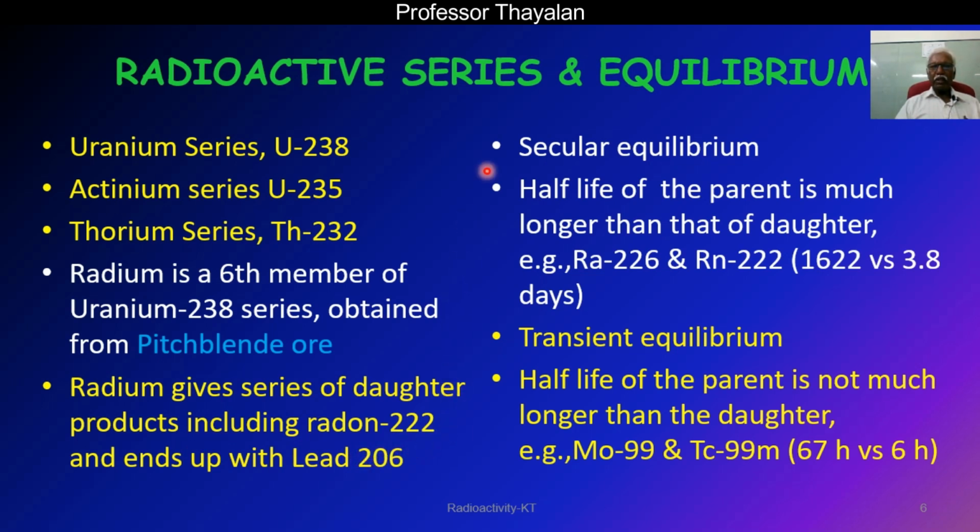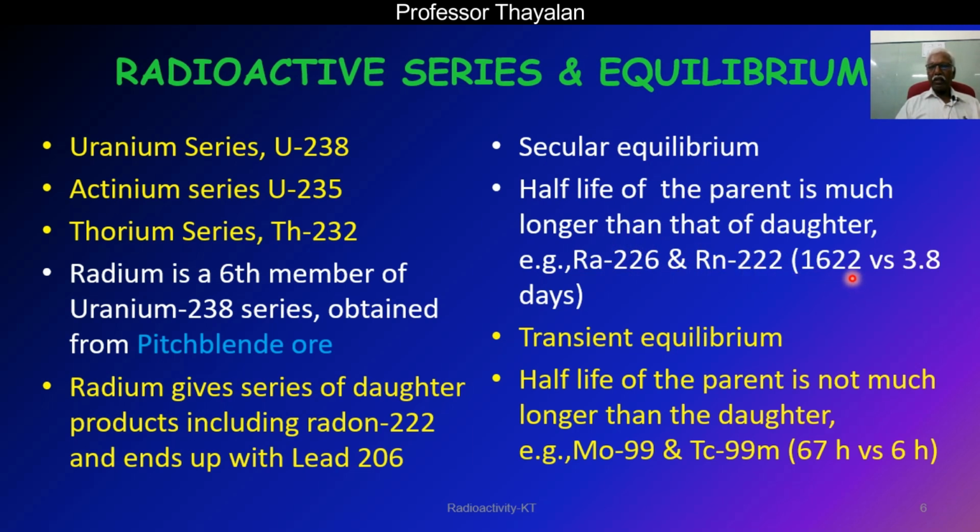There are two types of equilibrium present: secular equilibrium and transient equilibrium. What is secular equilibrium? When the half-life of the parent is much longer than that of the daughter, it is called secular equilibrium. For example, radium-226 and radon-222 as parent and daughter.